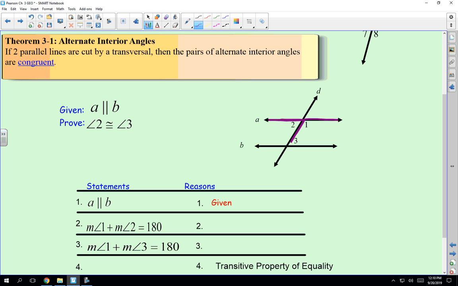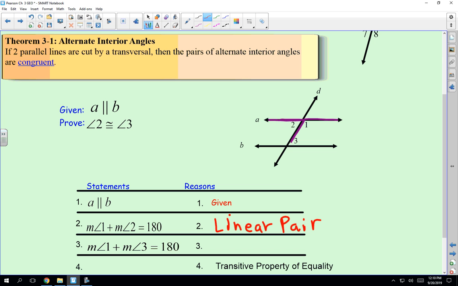Those 2 angles together make a pair. They make a 180-degree pair. We call that a linear pair. So those 2 together make a linear pair, and that's the reason. So 1 and 2 are a linear pair.